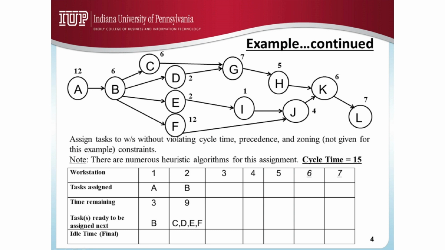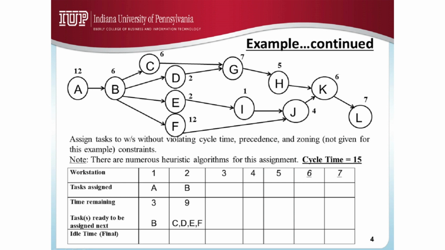But I can still assign some tasks to workstation 2. So what are the next tasks? C, D, E, and F. All of them are ready to be assigned next because their only immediate predecessor was B, which has now been assigned to workstation 2. Now C, D, E, and F can be assigned to workstation 2 or to subsequent workstations.